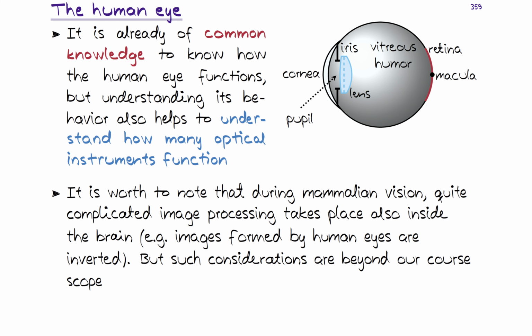Okay, but these considerations of what kind of image processing actually takes place inside mammalian brains are beyond our core scope. But I would like to point you, if interested, to look into it and think about what kind of implications there are and what is interesting there, because there are actually quite different mammals out there, and depending on their eyes, they might behave slightly differently. For example, color vision is not a given; not every animal on the globe has color vision.